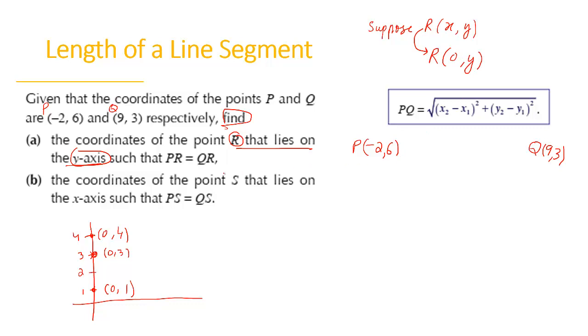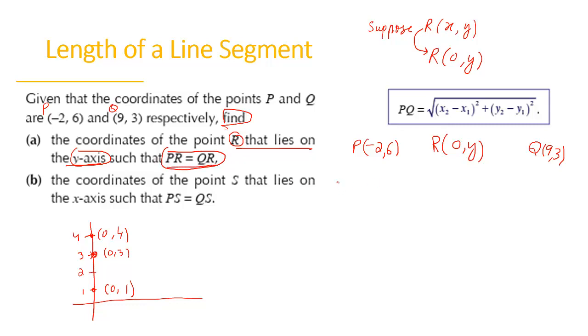Now the next information is that PR is equal to QR. What does it mean? Let me write R here as well, that is 0 comma y. PR is equal to QR.